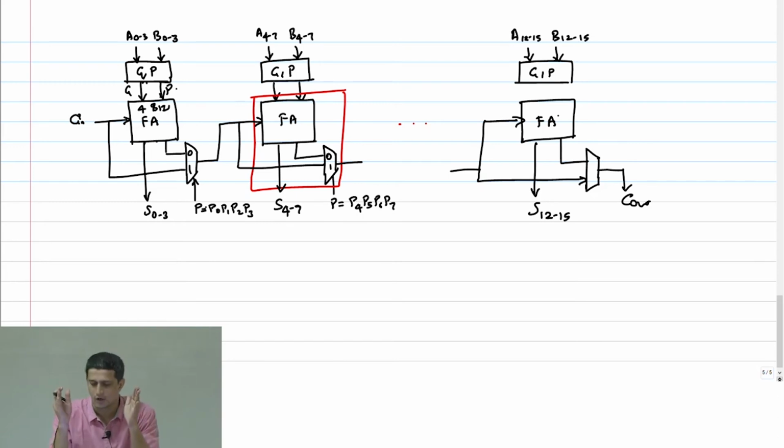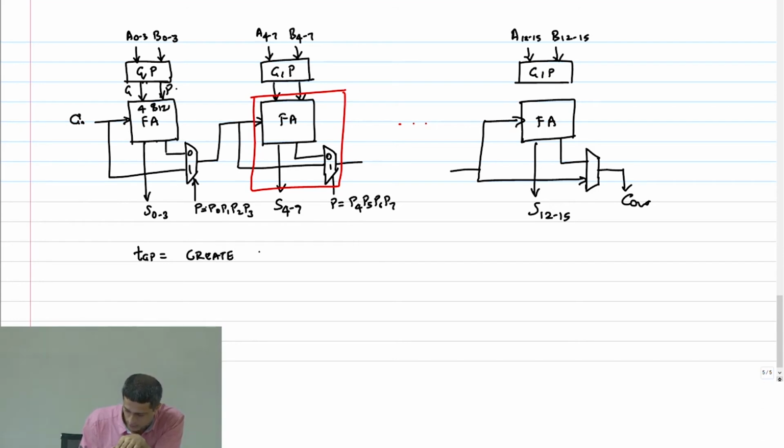This is the architecture of the carry skip adder. At every M bits, we are going to try and skip, right, the carry out part through that bypass multiplexer. Okay, so now let's define some terms here. Let's say TGP is equal to time to generate, time to create generate, propagate signals.